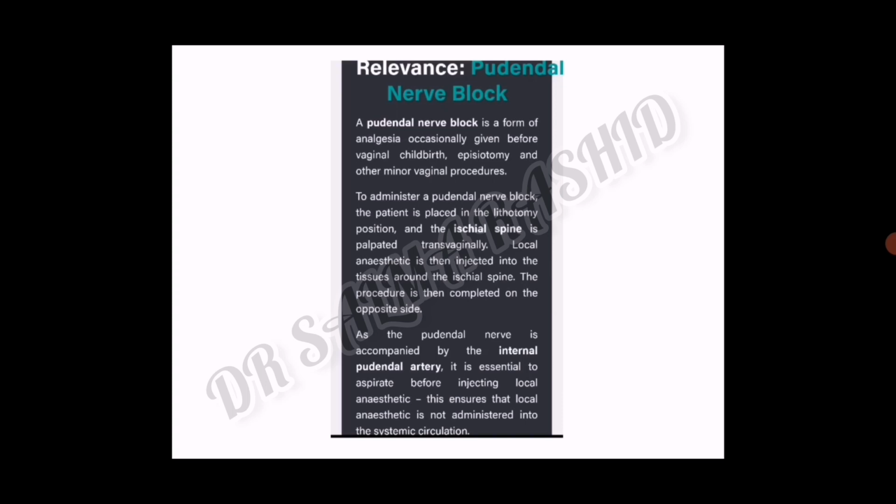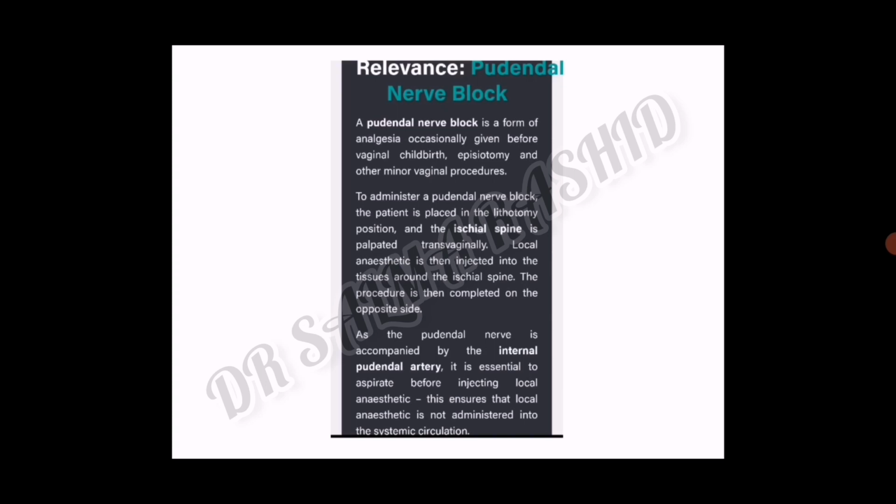This is added information, basically the pudendal nerve block. A pudendal nerve block is a form of analgesia occasionally given before vaginal childbirth, episiotomy and other minor vaginal procedures. To administer a pudendal nerve block, the patient is placed in lithotomy position and the ischial spine is palpated transvaginally.